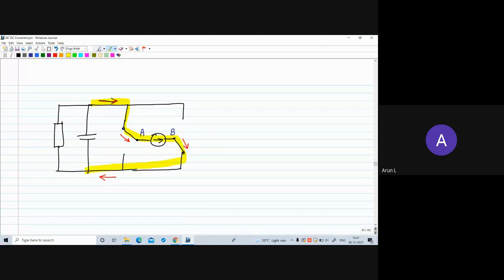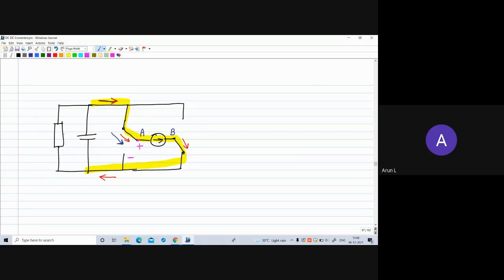So the direction of current flow is like this in the closed switch, whereas the open switch has to block some voltage. It is in the off state. What is the polarity of the voltage that is blocked? Point A is now connected to the upper terminal, so this is plus, and this lower end is now negative.